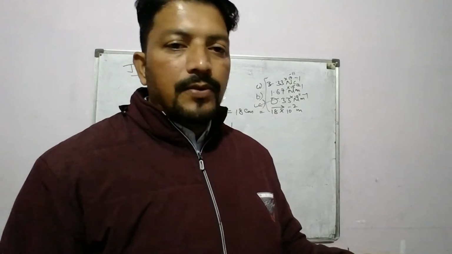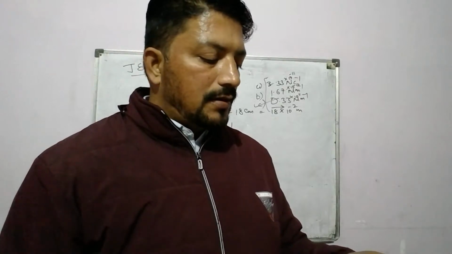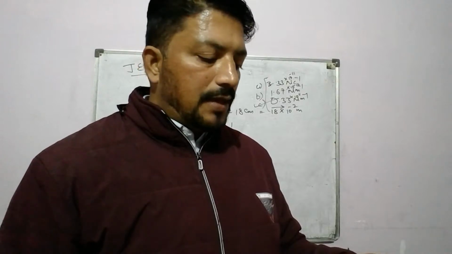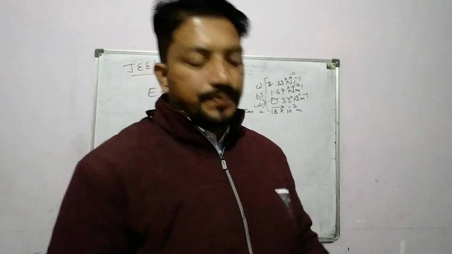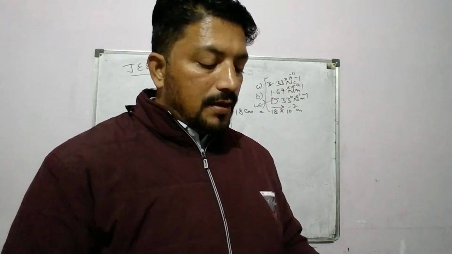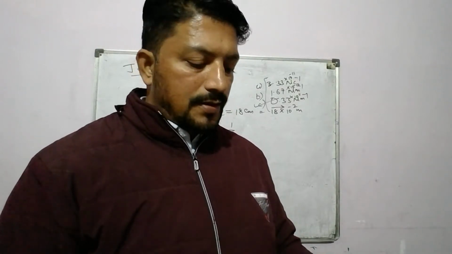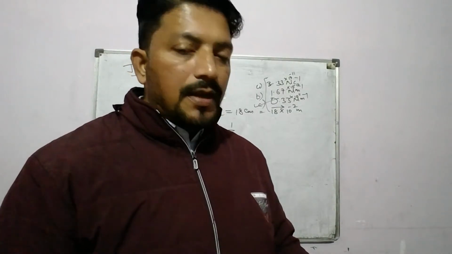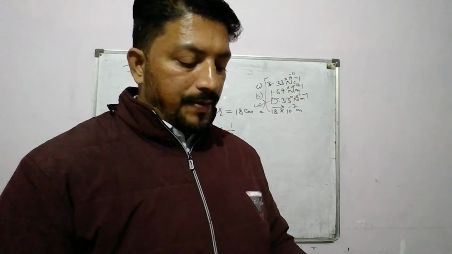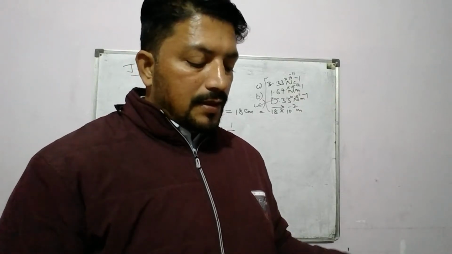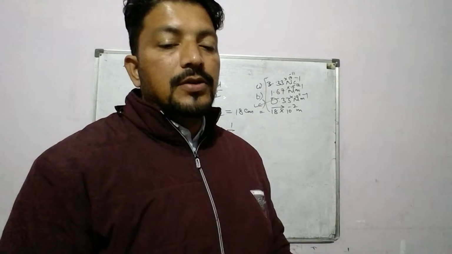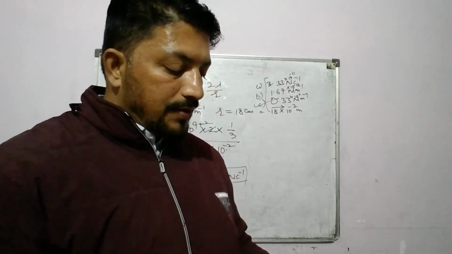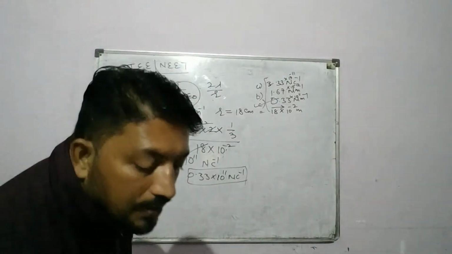Second 5 and 3 microcoulomb. Third 6 and 2 microcoulomb. And fourth one 7 and 1 microcoulomb. Understand again? There are 2 point charges 3 centimeter apart, and their combined charge is 8 microcoulomb. The force of repulsion between them is 0.012. So here we write here.